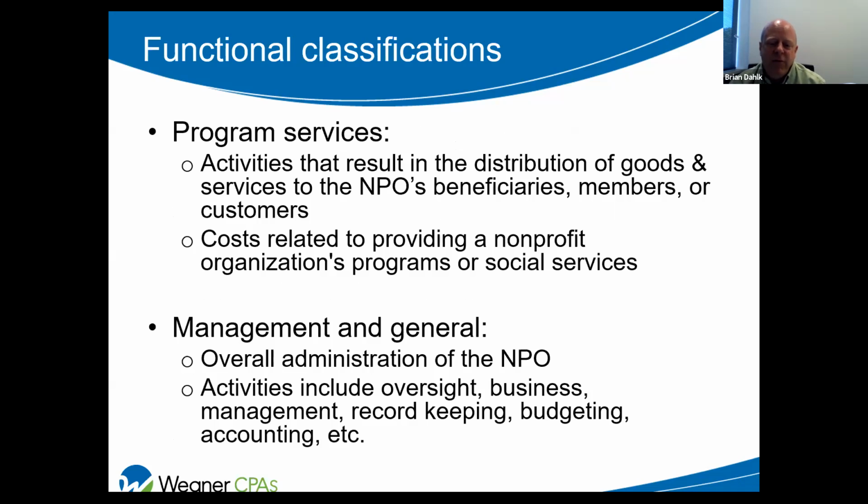Whereas management and general expenses are things that you don't really do because you want to. They're more done of necessity for the overall administration and governance of the nonprofit. Well, I take that back. Maybe accounting you do just for fun, but the other ones you do because they're necessary to administer the overall nonprofit.